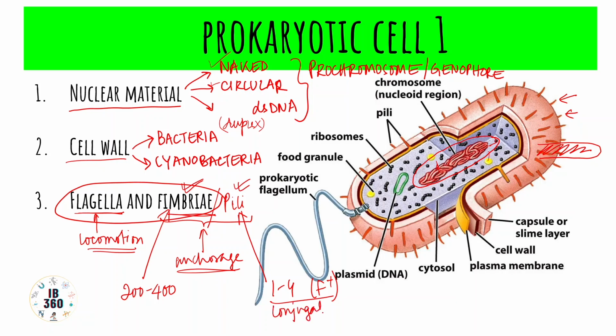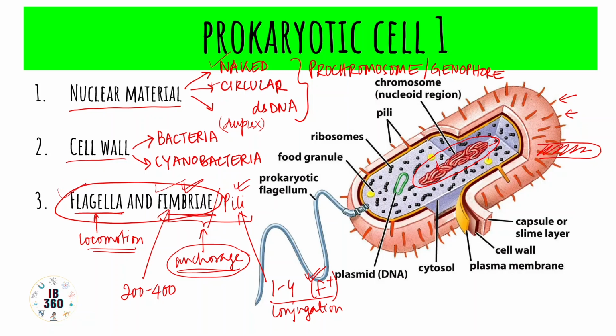That means their main job is to transfer the genetic material from the F plus bacteria to the F minus ones. That is conjugation. But also pili act in anchoring one bacterial cell to another, so that is also a type of anchorage. Both of them do anchoring, but they are not at all involved in locomotion. So that is the basic difference between flagella and fimbriae or pili.